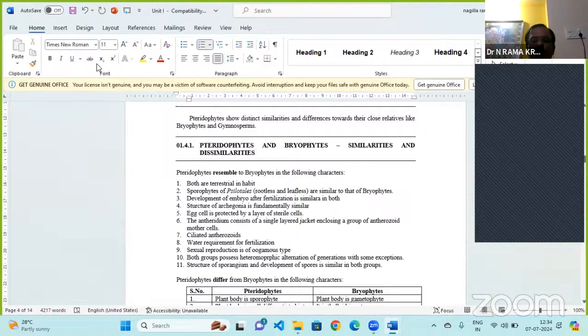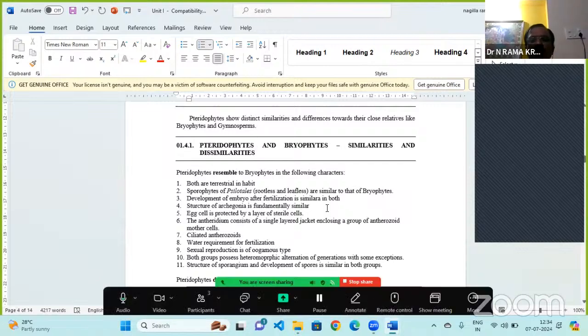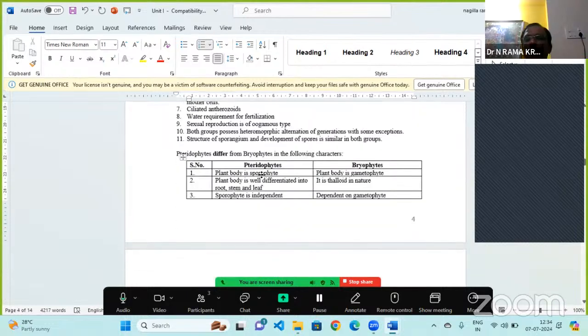Yes. Here now you see a table. The plant body is a sporophytic plant body, and in bryophytes the plant body is also sporophytic. In pteridophytes the plant body is well differentiated into root, stem and leaf, but in bryophytic groups it is a thalloid structure. The sporophyte is independent in pteridophytes, but in bryophytic groups it depends on the gametophyte.